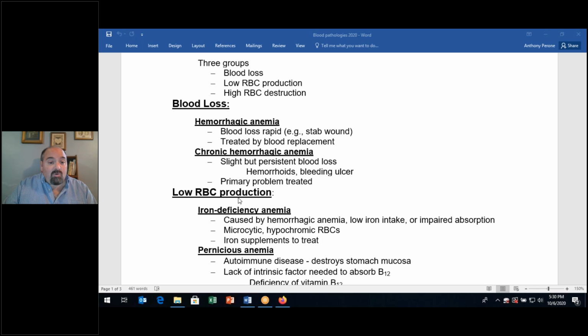How about low red blood cell production? If we're not producing enough red blood cells, there's not going to be enough red blood cells circulating in the body, carrying oxygen to the tissues and removing CO2. That's a problem, but in particular it's really the delivery of the oxygen. That's the issue, folks. Iron needs to be present in order for the hemoglobin to do its thing, and as a result you'll see iron deficiency anemia.